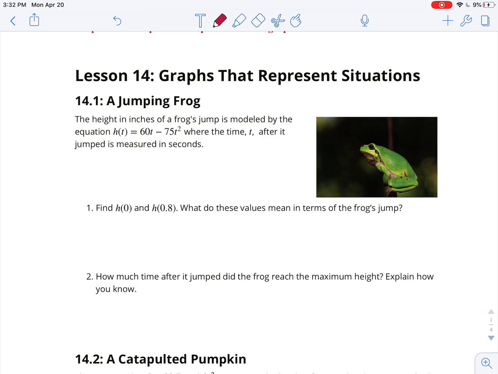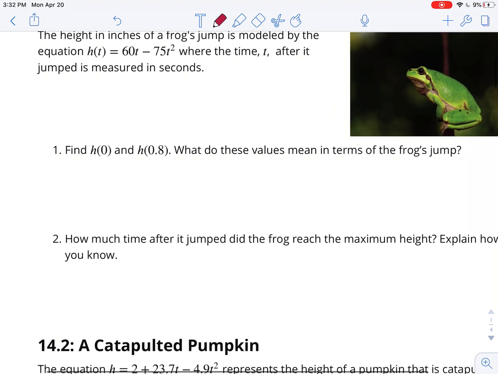Okay, so if you calculated h of 0 and h of 0.8, you would find that both of those values are equal to 0. And so that means that the frog is on the ground when t equals 0, or before it jumps, and when t equals 0.8, which would be when the frog lands back on the ground after its jump.